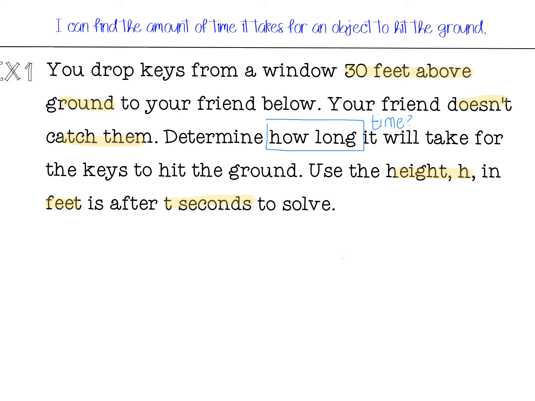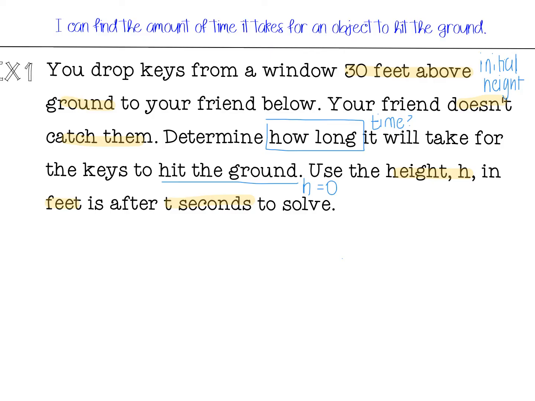So when I think about how long will it take for the keys to hit the ground, I'm looking for the time that's associated with when the keys are on the ground. Well, that is when the height is 0. But I also have this 30 feet above the ground, so that is actually my starting point, or the initial height.